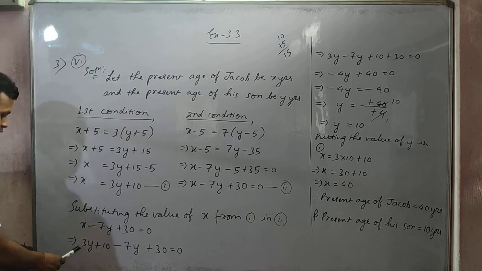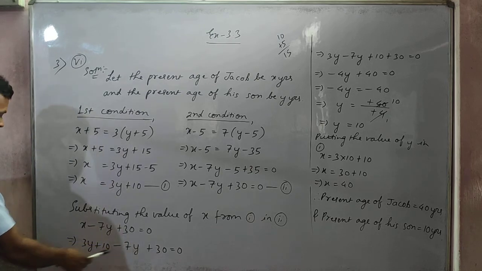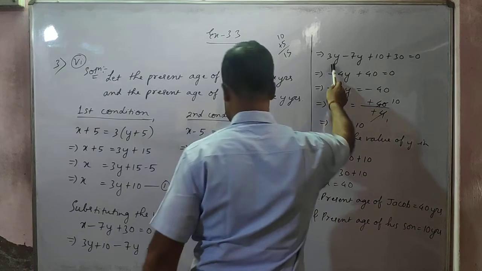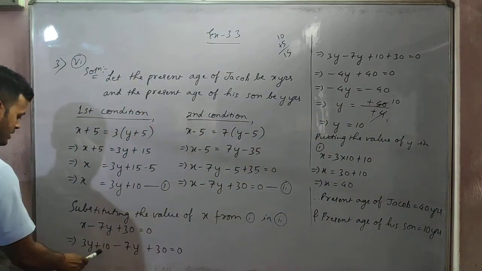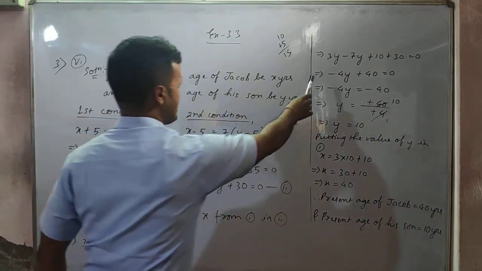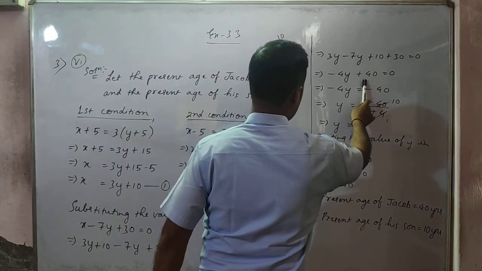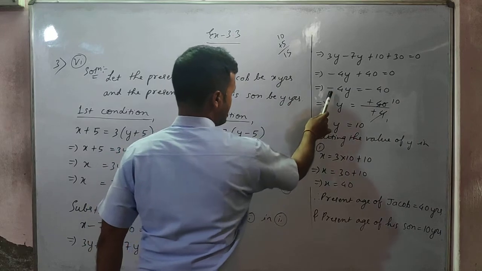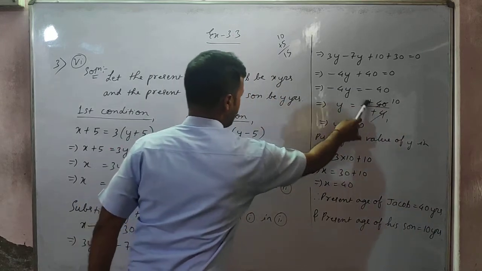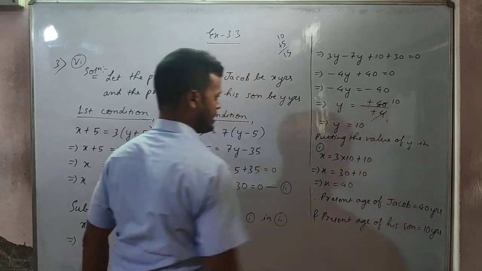So 3y minus 7y, 10 plus 30. 3y minus 7y becomes minus 4y, and 10 plus 30 is 40. Taking 40 to the right hand side, it becomes minus 40. Minus cancels, and 4 cancels 40 ten times, so y is 10.